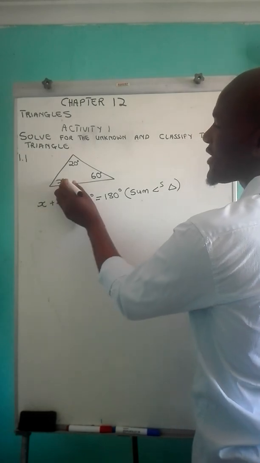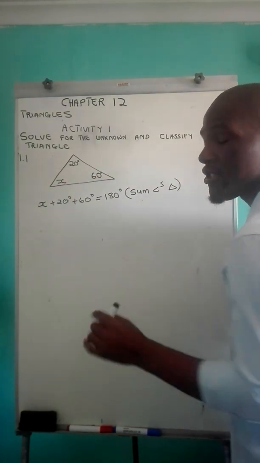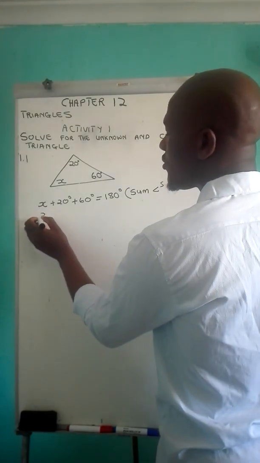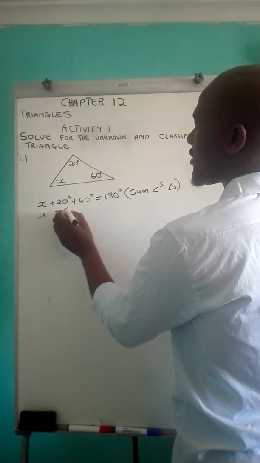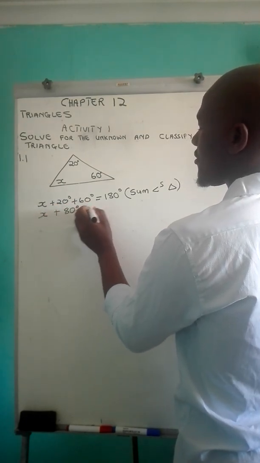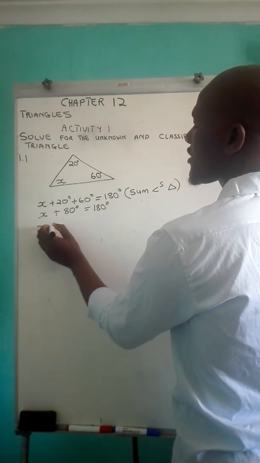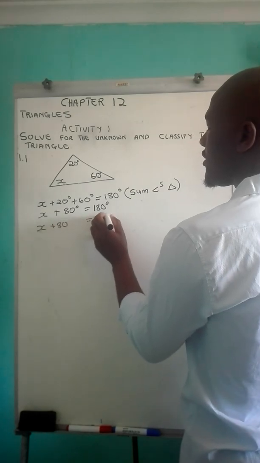So when you sum up the interior angles of a triangle, they sum up to 180. So this is x. 20 plus 60 is 80 degrees, which is equal to 180 degrees. So I have x plus 80 degrees, which is equal to 180 degrees.